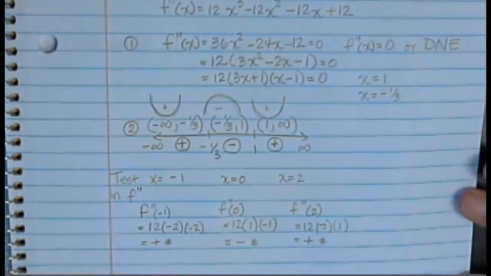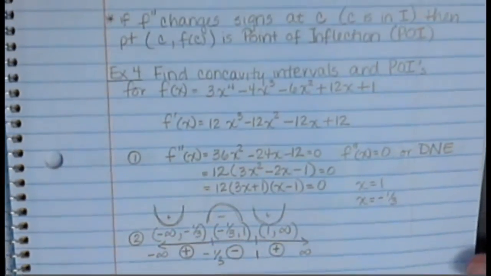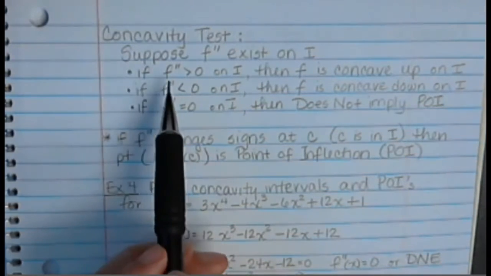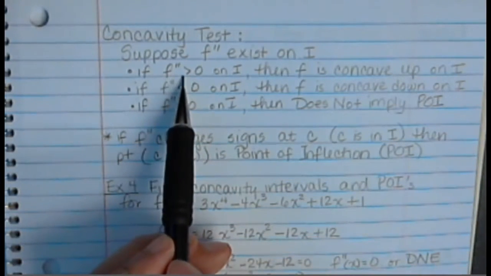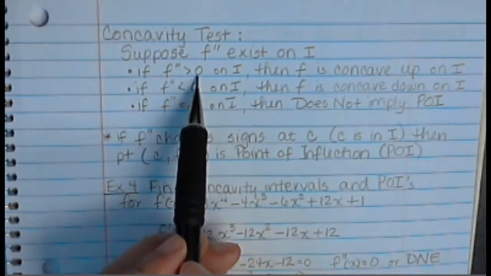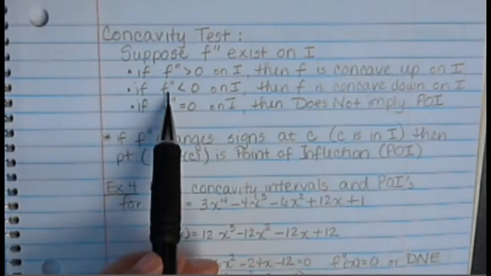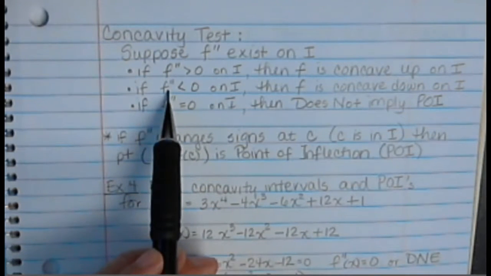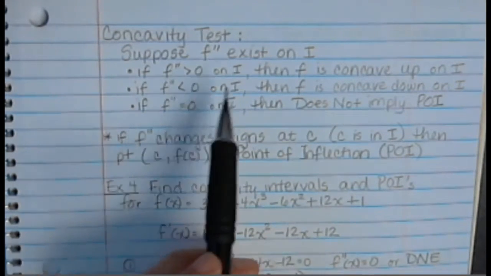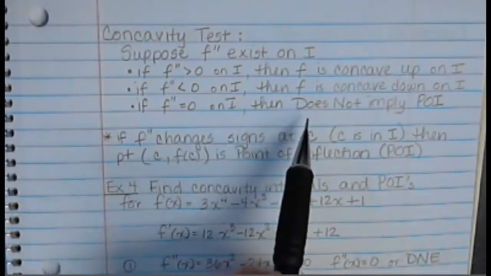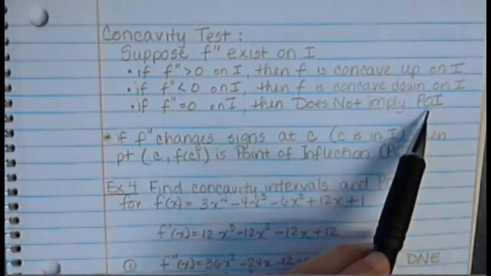So if we come back to our definition of concavity, we know that if we plugged our value into the double prime and it was greater than 0, we had concave up. So positive is concave up. And if the double derivative of f is negative, we had concave down. And notice if it was equal to 0, it's a possibility that it's a POI.